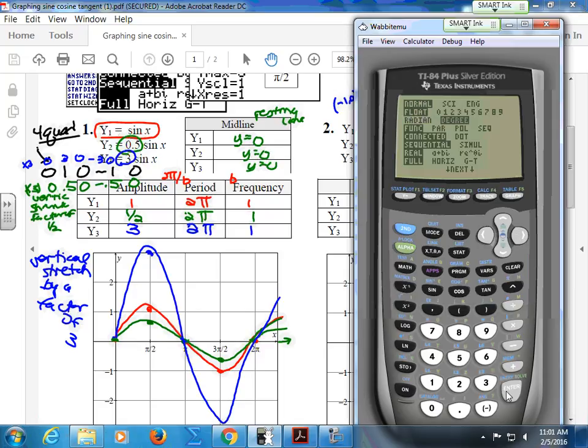Now, you're going to have to redo your zoom 7, and we're going to have to redo your table. So now your table set has to say, maybe this will make a little bit more sense to you. This is like negative 360 to positive 360. There's your x scale. So now your table set has to say, start at the 0 and go every 90 degrees, because that's my quadrants right now.